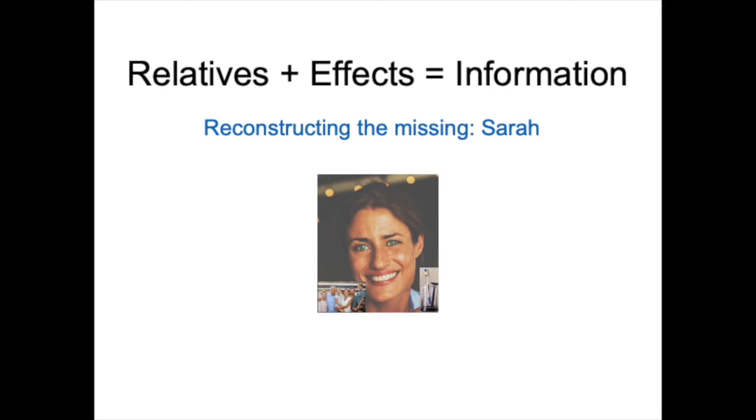There's a certain amount of genetic information from the relatives, and a certain amount of personal or phenotypic information that we can see from the personal effects or the mixtures. Let's use all of that information, the genotypic and the phenotypic, the relatives plus the personal effects, to get as much information as we possibly can about the missing person.